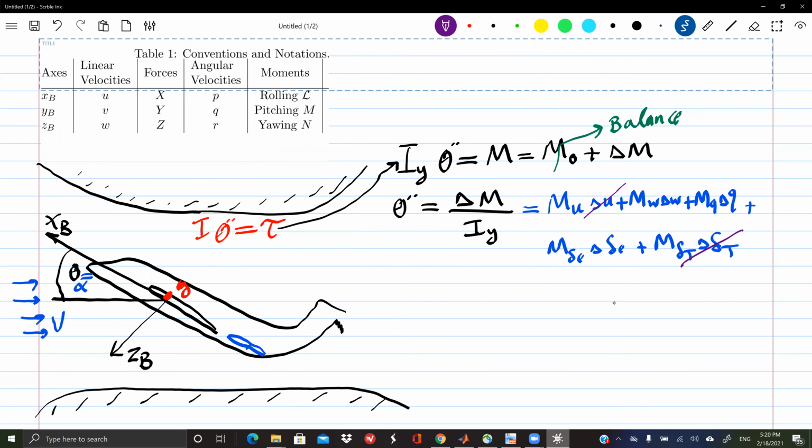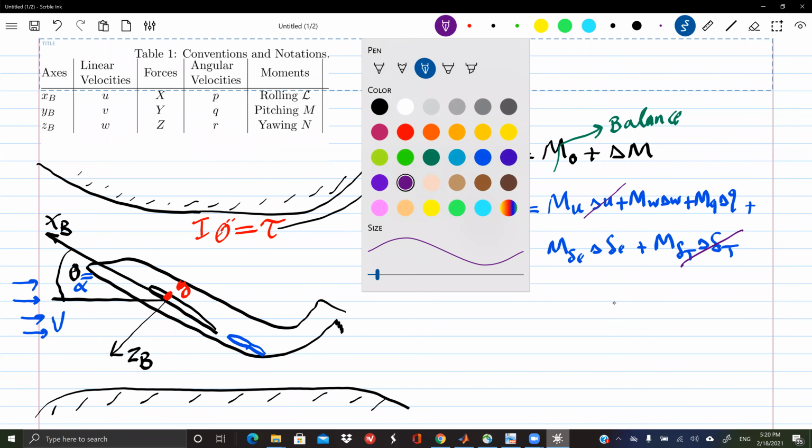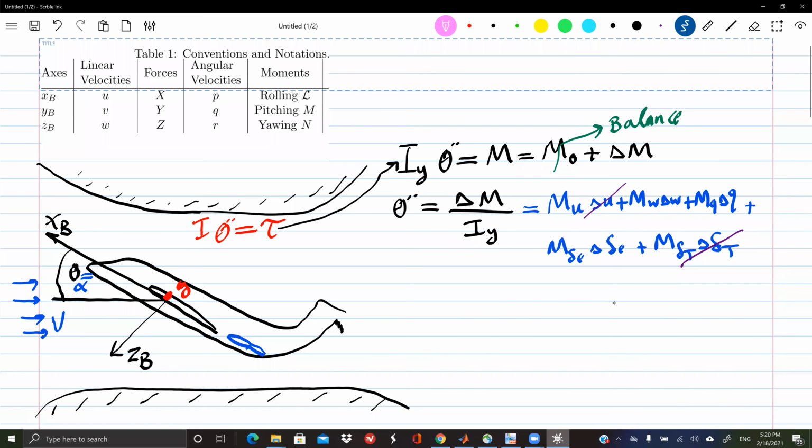Okay, what else? I also have W. What can you tell me about W? Yeah, of course, we always know that delta W is indeed U naught times delta alpha. We always said that W is nothing but the angle of attack.